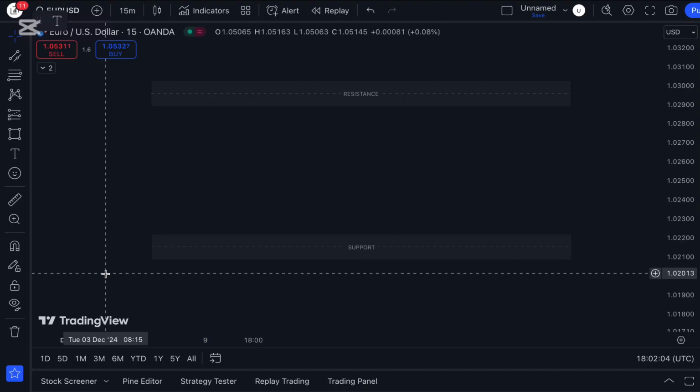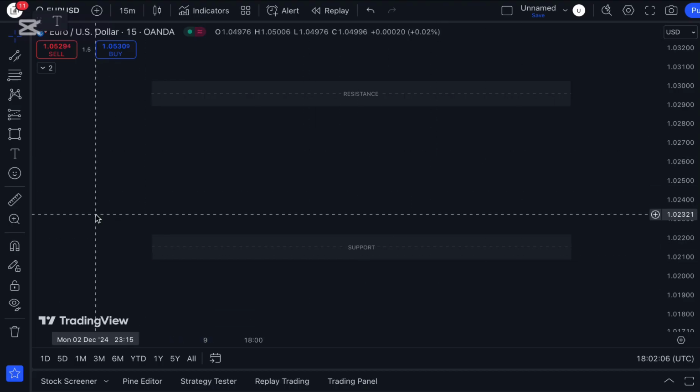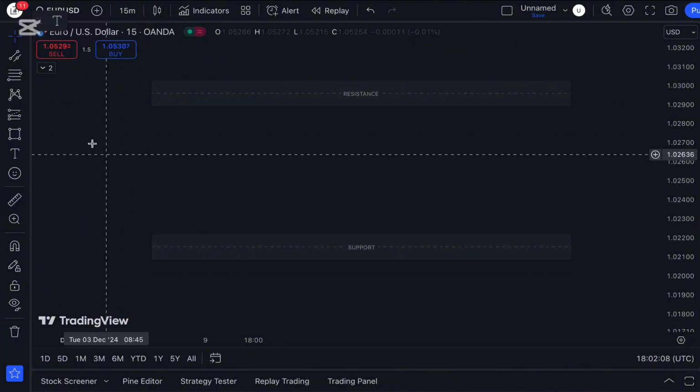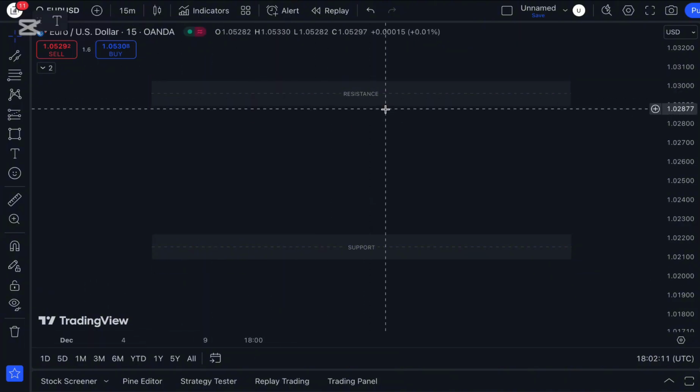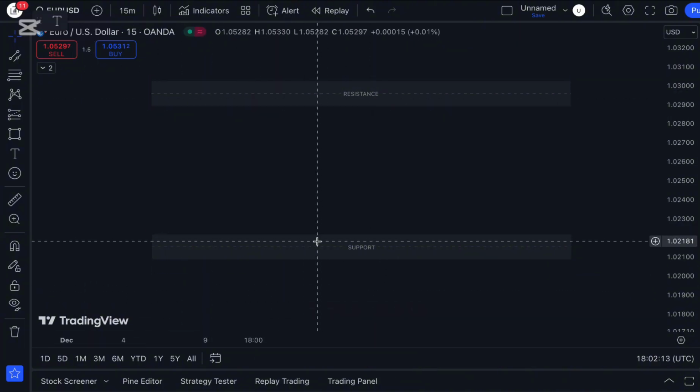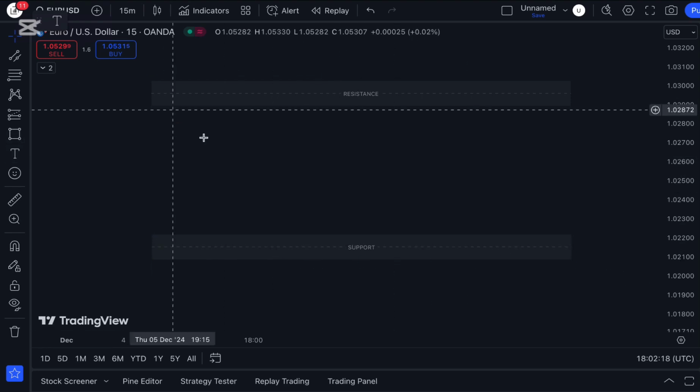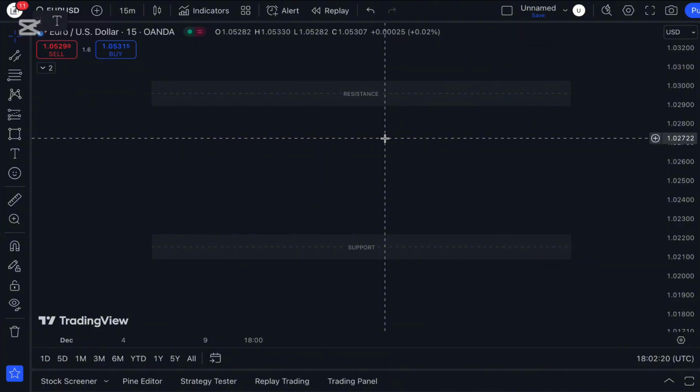Now remember that support and resistances actually serve as a roof and a floor. Resistance can serve as a roof, and support will serve as the floor. What this means is that these levels are barriers, but they are not static barriers.